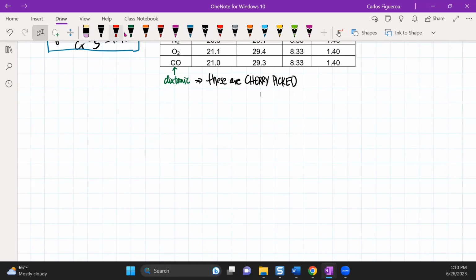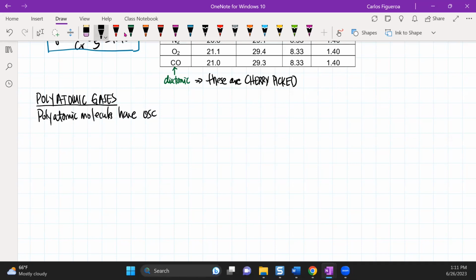Then we get to the polyatomic. What's separate between a monatomic and diatomic is that polyatomic molecules have oscillations.